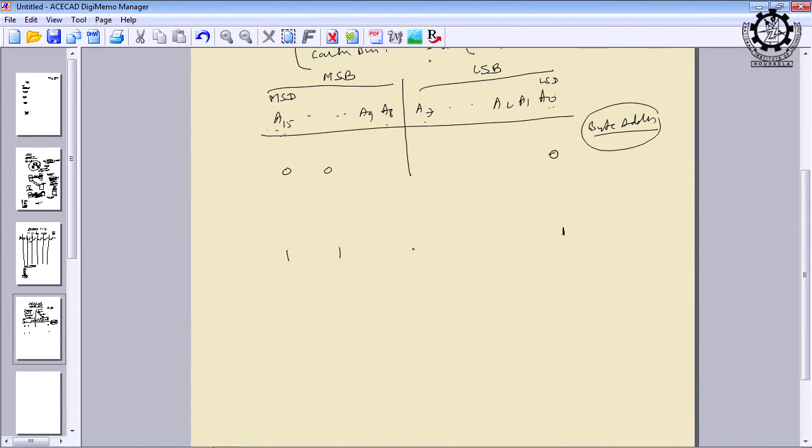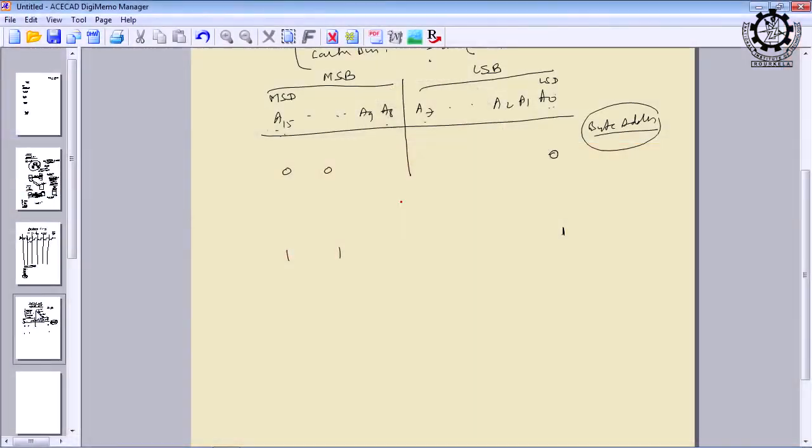But writing 16 bits all the time is sometimes tedious or cumbersome. To avoid that, we write them in hexadecimal. You know that 4 binary digits correspond to 1 hexadecimal digit. So I can say the starting address is 0000, and since it is hexadecimal, I use the symbol H, 0000H.